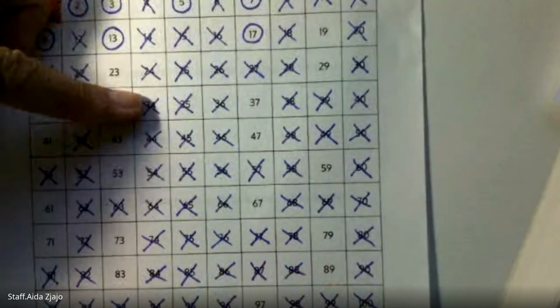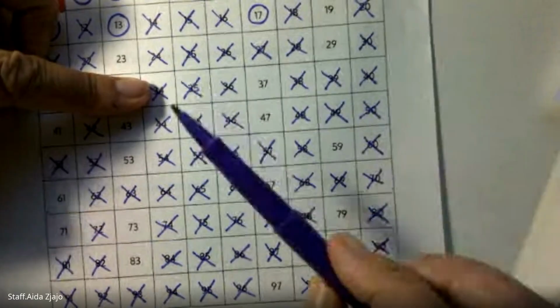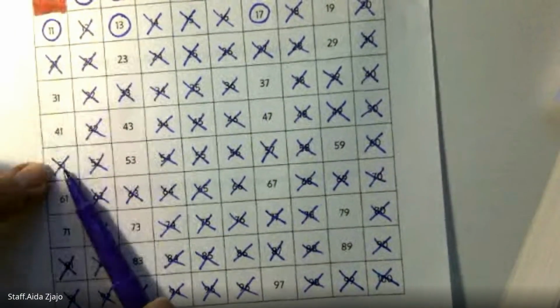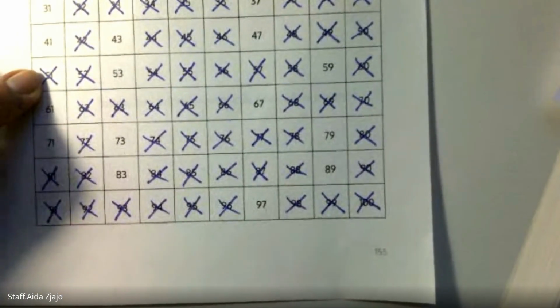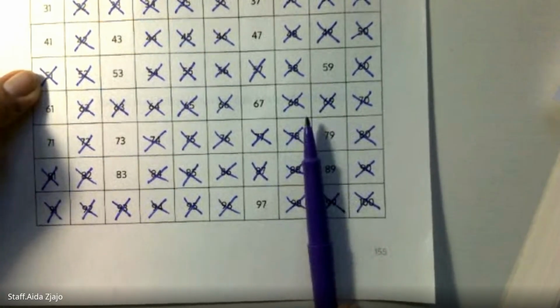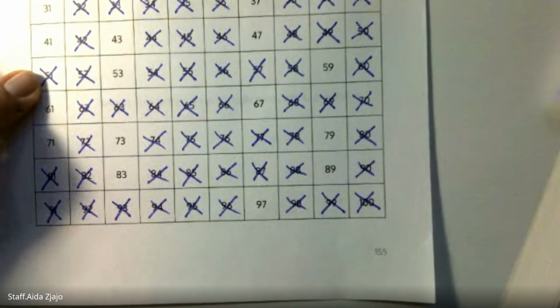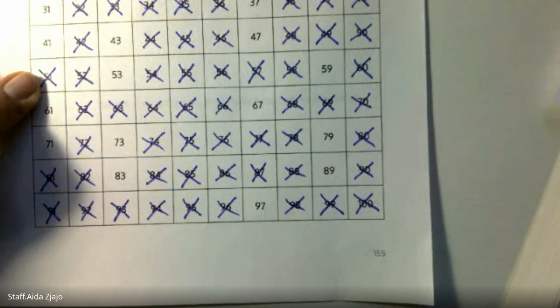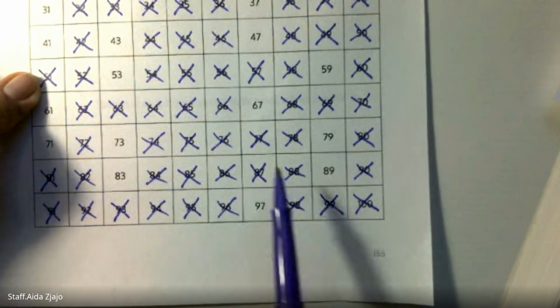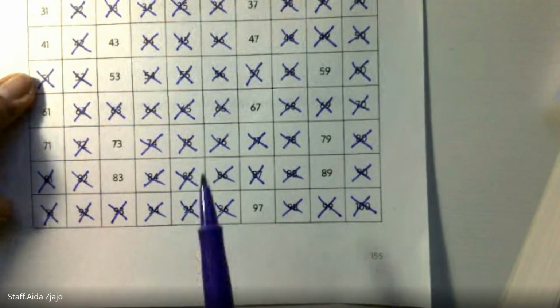And then 34 and 17 is 51, and 51 is already marked. 51 and 17 is 68, and it's already marked. 68 and 17 is 85, marked, and 85 and 17 is 102, so we're done. 17 is also prime.